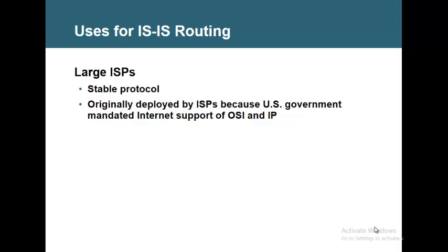So the US government made it mandatory for OSI to support ISIS and IP. That's the actual story of how ISIS was developed to support IP: because of the pressure from the government to use ISIS as a routing protocol for ISPs. This is the story which I heard.